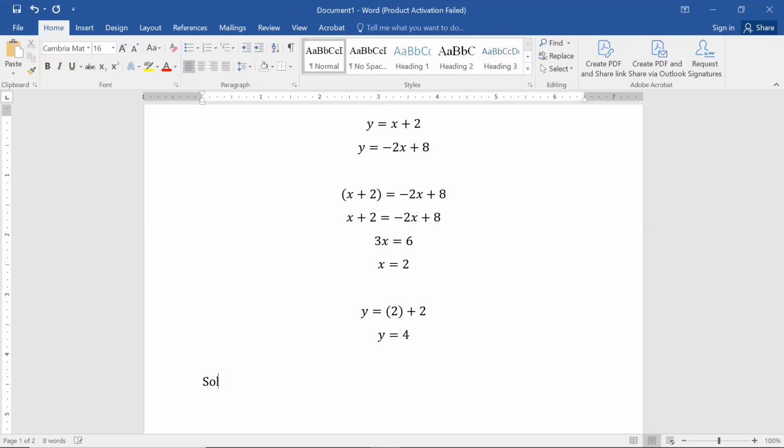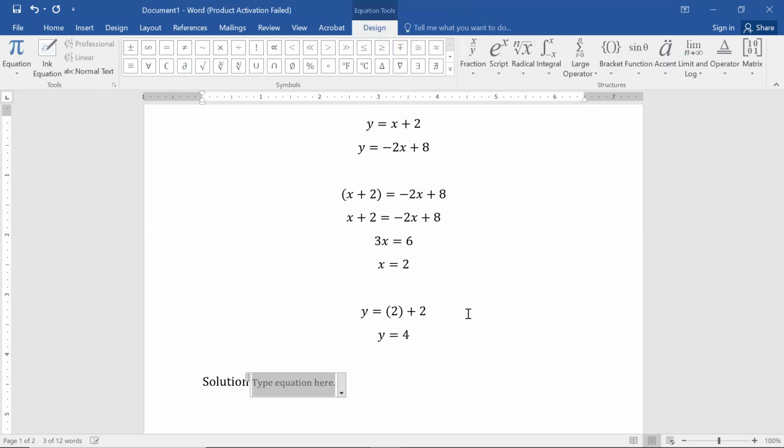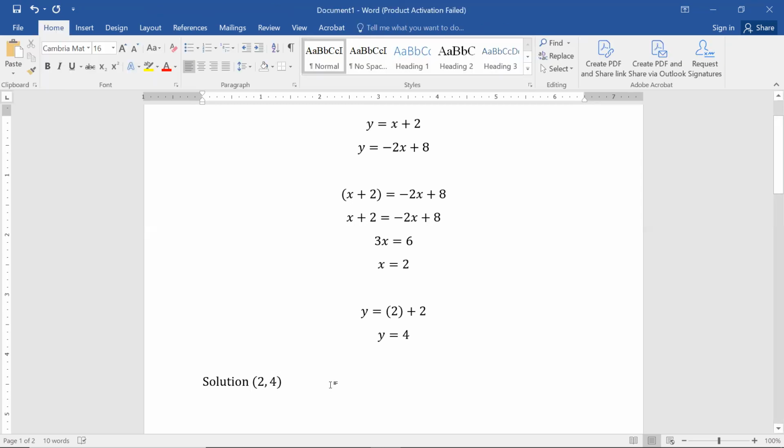So therefore my solution is the point 2, 4. That's the solution to this system of linear equations. And by the way, we could have just as easily written the negative 2x plus 8 and plugged that into this y when doing this originally.